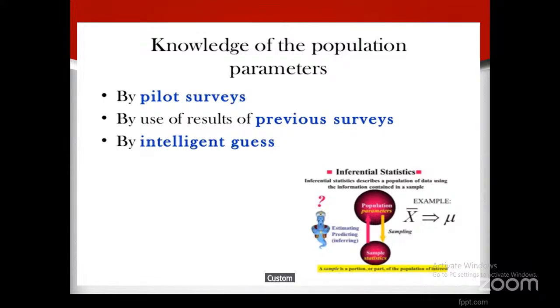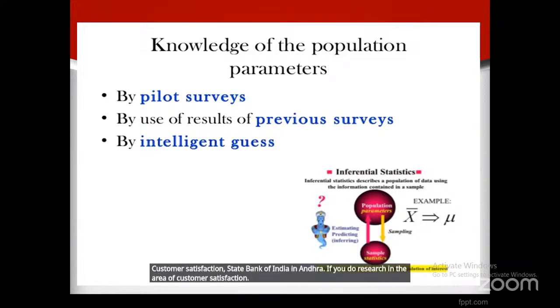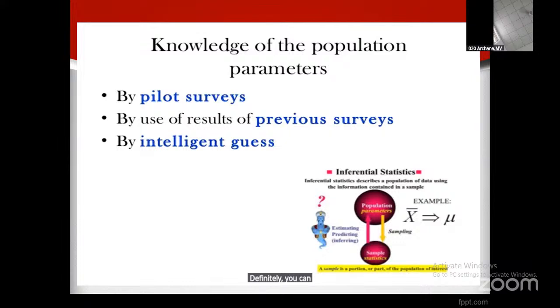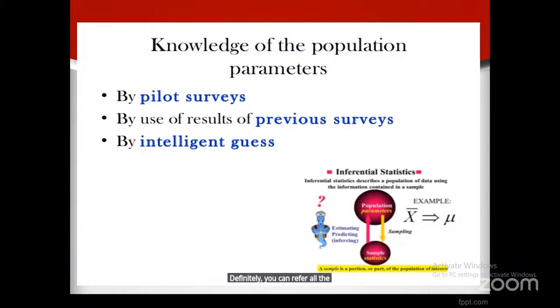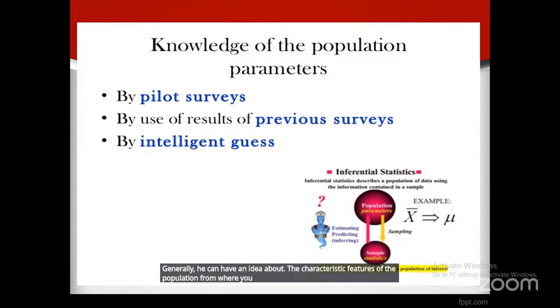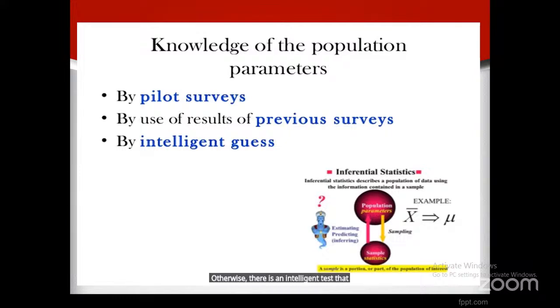Customer satisfaction of State Bank of India in Andhra. If you do research in the area of customer satisfaction, definitely you can refer to all the earlier research work. That means previous surveys have to be observed by the researcher. Then only he can have an idea about the characteristic features of the population from where you draw the sample. Otherwise, an intelligent guess is not possible.